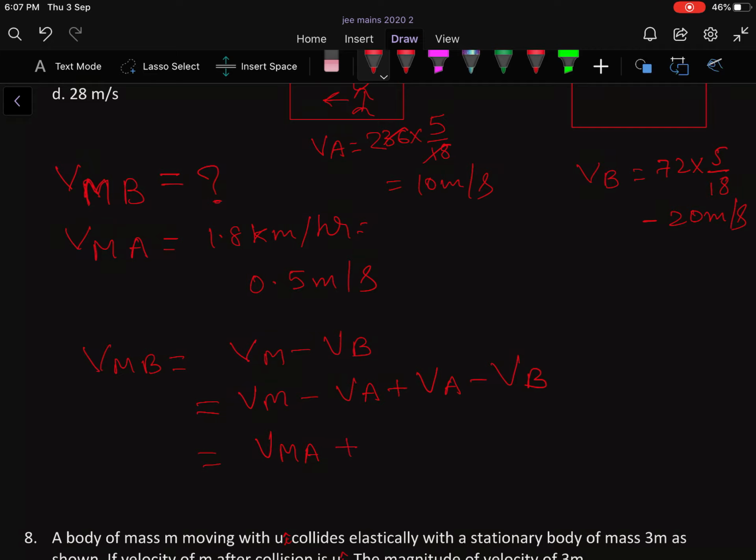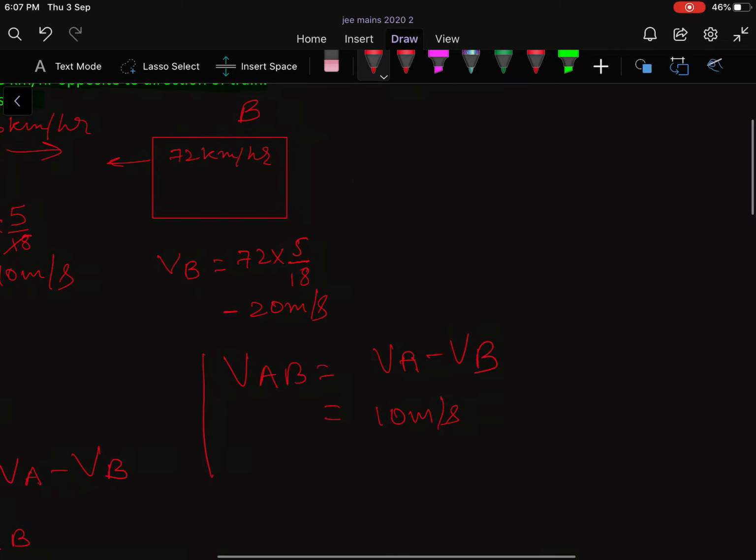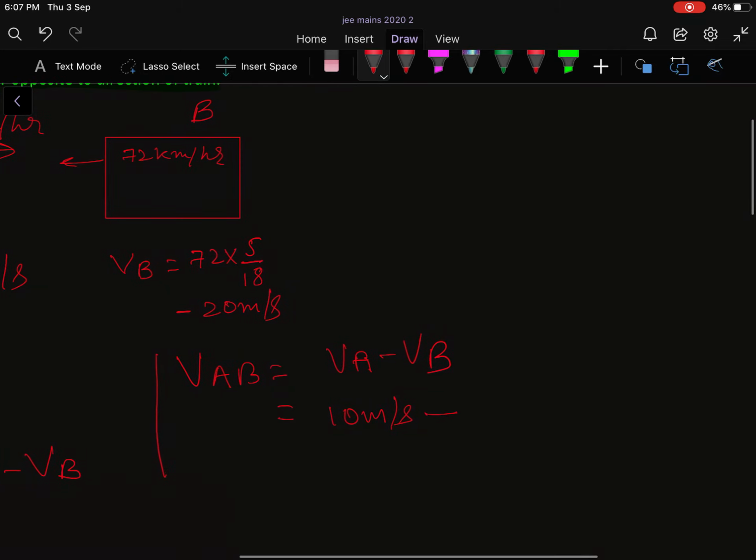So VMA plus VAB, correct? VAB, velocity of A with respect to B, is VA minus VB. We know that VA is 10 meter per second and VB is minus 20 meter per second, so it will effectively be 30 meter per second.